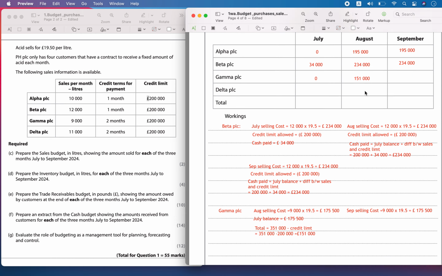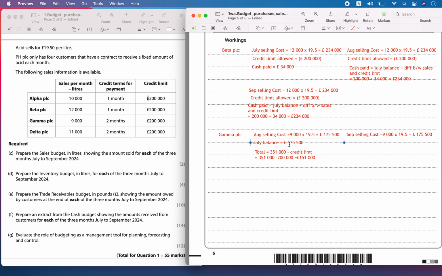August balance was 200,000, so let's include the August balance. Now the cash that needs to be paid is equal to, let's calculate here.